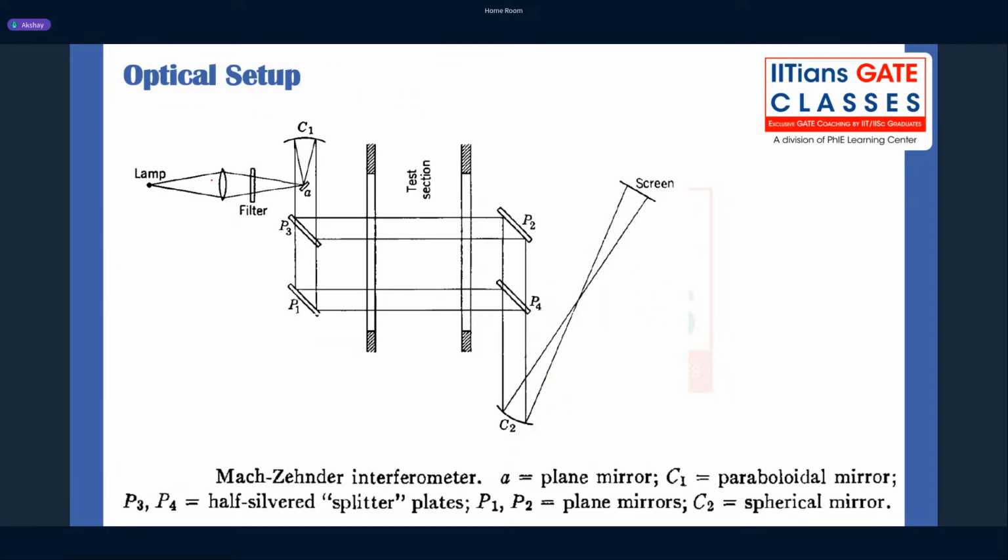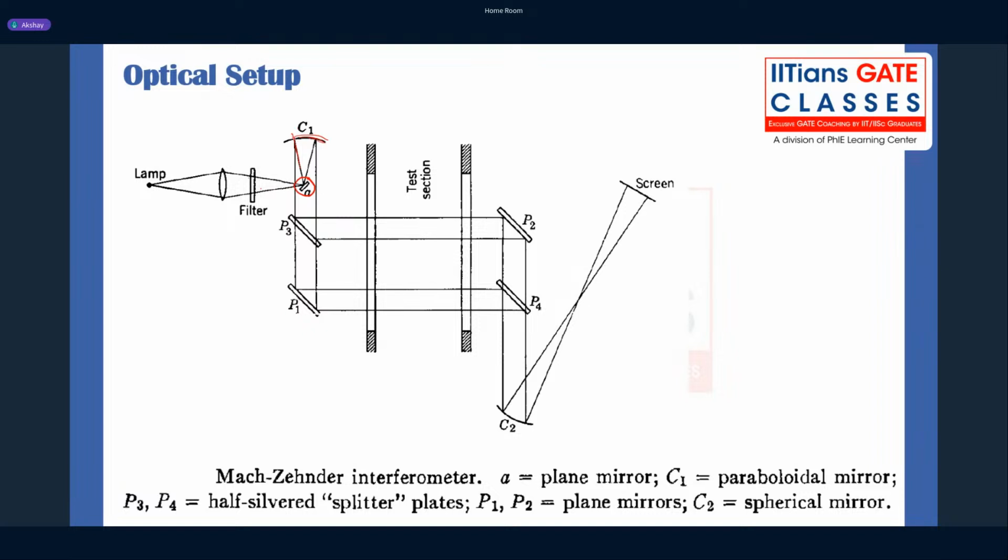So here the optical setup is a bit more complex. Upstream, we have the same thing again. We do all this business to make the light parallel, and we make it fall onto a mirror, which then falls onto the concave mirrors C1 and C2, or the spherical mirrors, whatever.